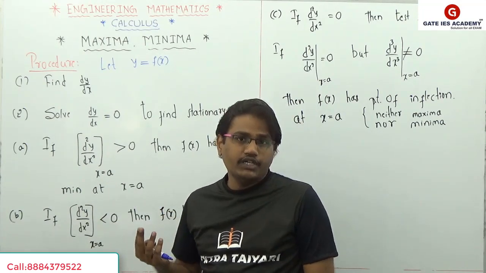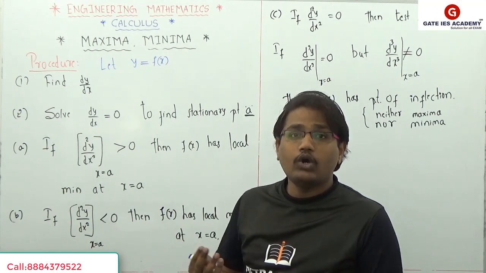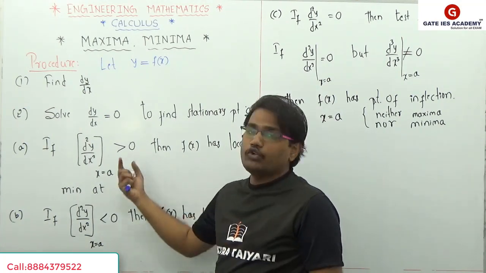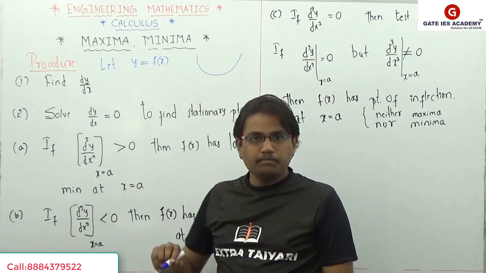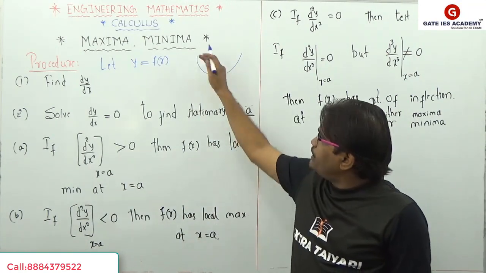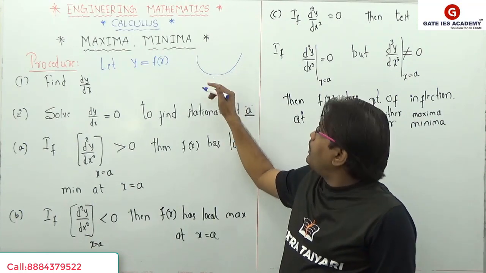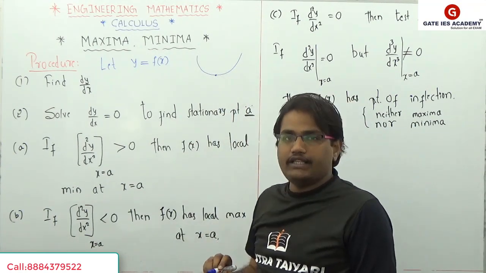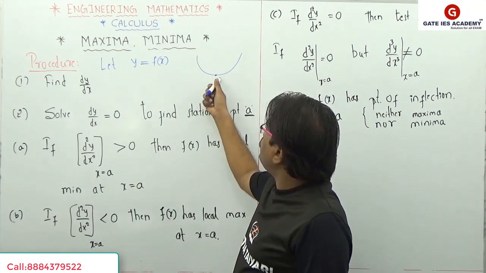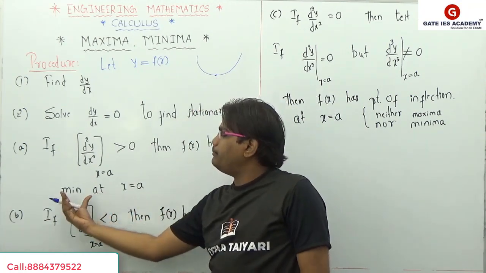We have discussed it. The shape of the curve will be a concave curve, like this. Correct? Concave. So if it is a concave curve, at this extreme point, either maxima or minima, then of course this is lying at minima, right?